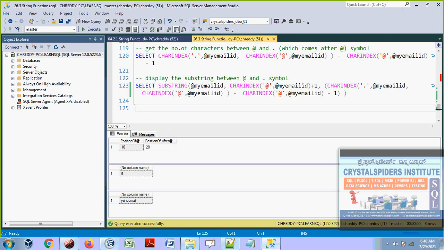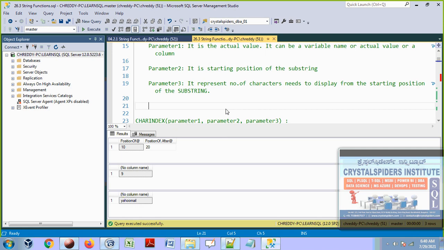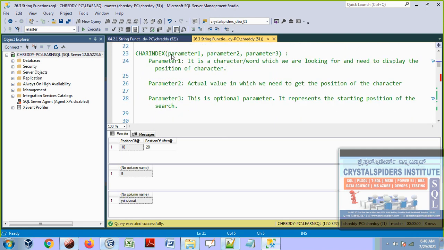Before continuing, let me go back to the notes of this CHARINDEX. CHARINDEX takes 3 parameters. Parameter 1 is the word or character you are looking for.